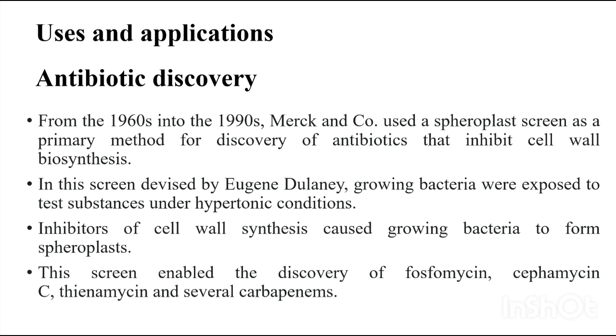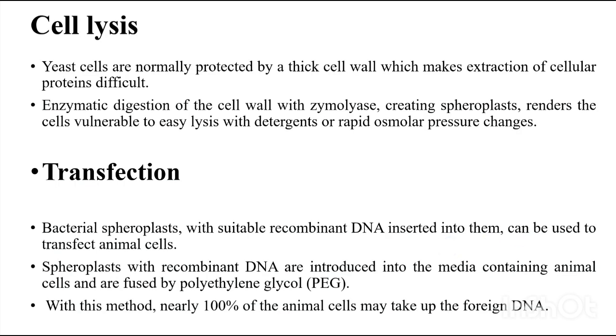Inhibitors of cell wall synthesis cause growing bacteria to form spheroplast. This screen enabled the discovery of fosfomycin, cefamycin. So in this way we can screen whether the antibiotic can inhibit the bacterial cell wall synthesis or not. So we can discover antibiotics.